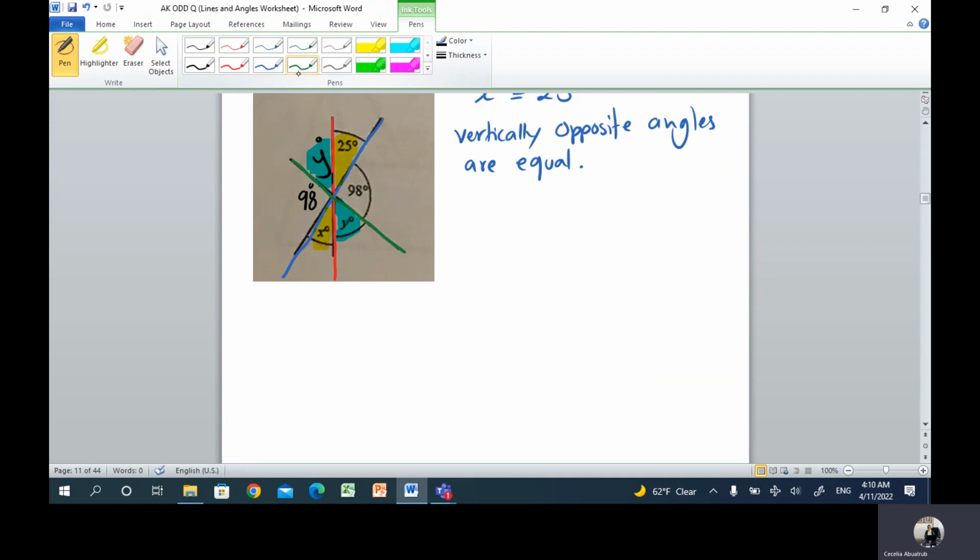If I start with x, I will say x plus, going anti-clockwise, 98, so that I don't miss any of the angles, plus y plus 25 plus 98 plus y.